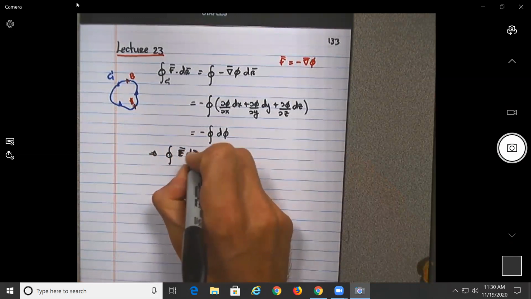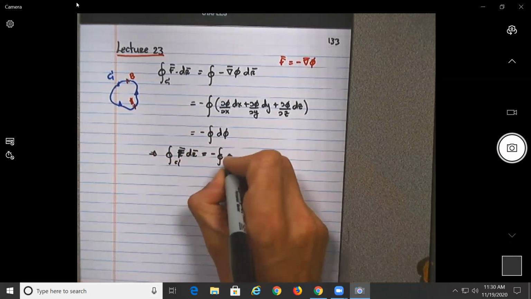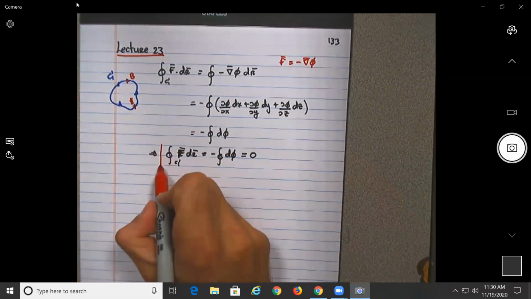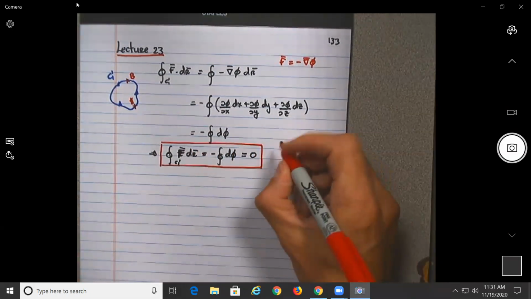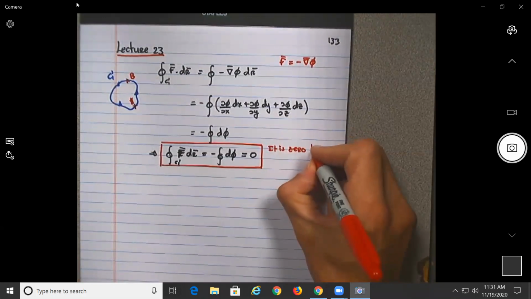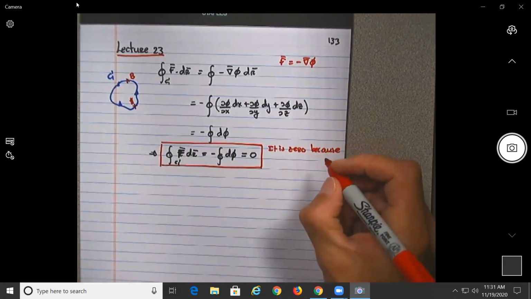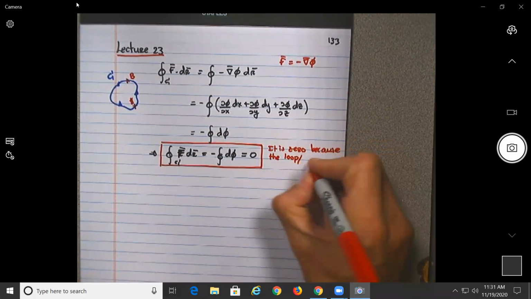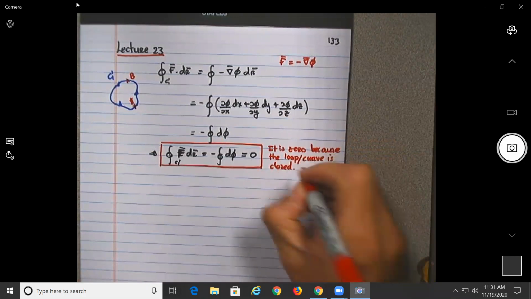Okay, so really this will mean that the integral of F dr around the contour is equal to minus this here, d phi, which will be equal to 0. And basically the reason it is 0 is because the loop, or the curve, is closed, no?